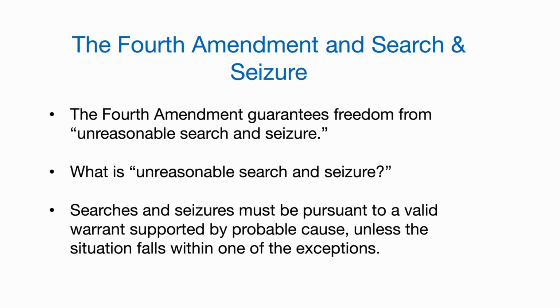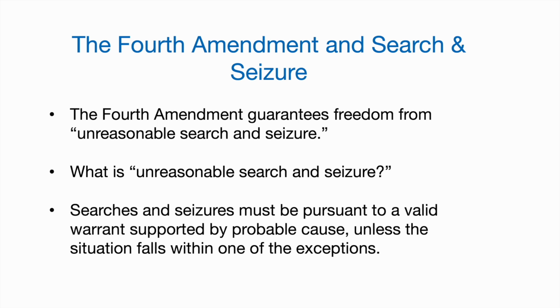So we've talked about the Fourth Amendment and search and seizure. What does all of this mean? The Fourth Amendment guarantees freedom from what are called unreasonable search and seizure. You need to understand a little bit of history to understand the origins of the Fourth Amendment. When America was a bunch of colonies instead of an independent country, British officers or government officials could just barge into a person's house, ransack all of their things, take what they felt like, and leave.